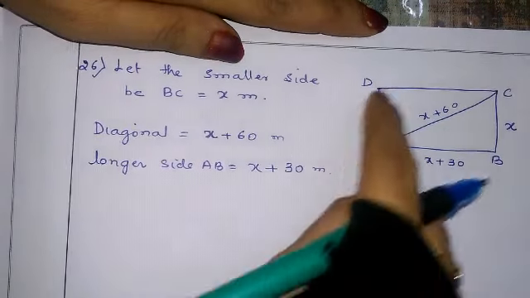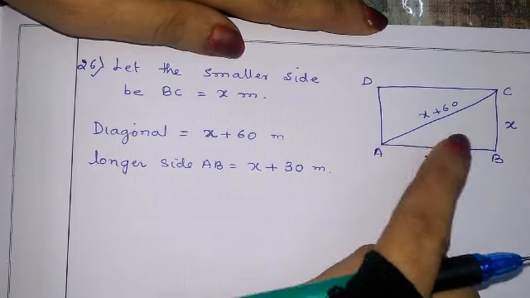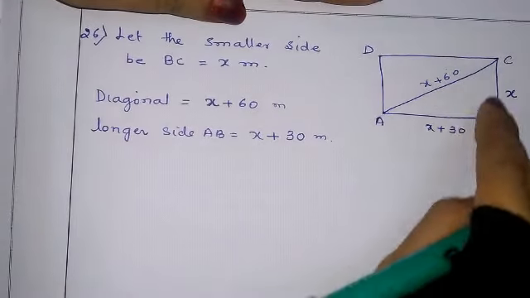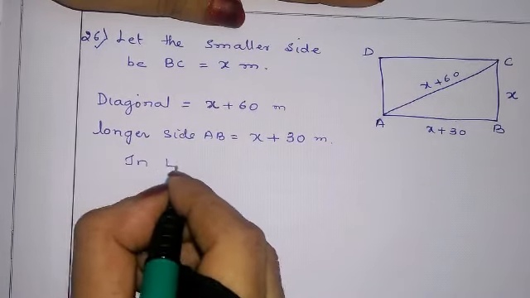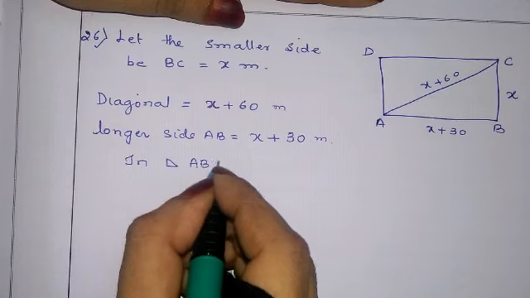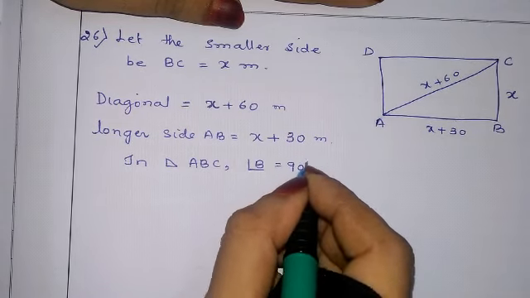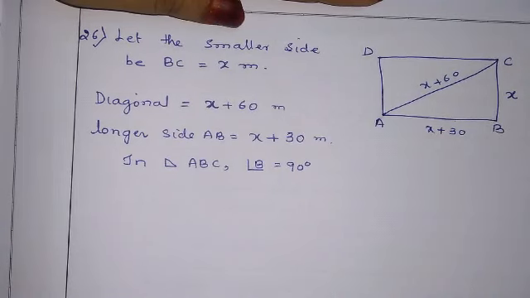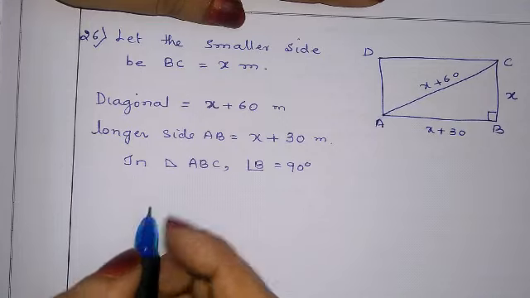Okay, we know that this is the rectangle and we know all angles in the rectangle are 90 degrees. So let us consider this triangle here. In triangle ABC, we know angle B is 90 degrees because it is a rectangle. So once that angle is 90 degrees, we can apply the Pythagoras theorem.